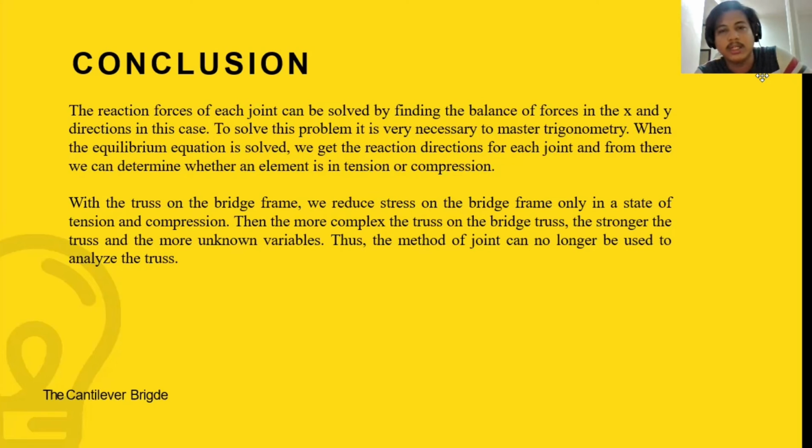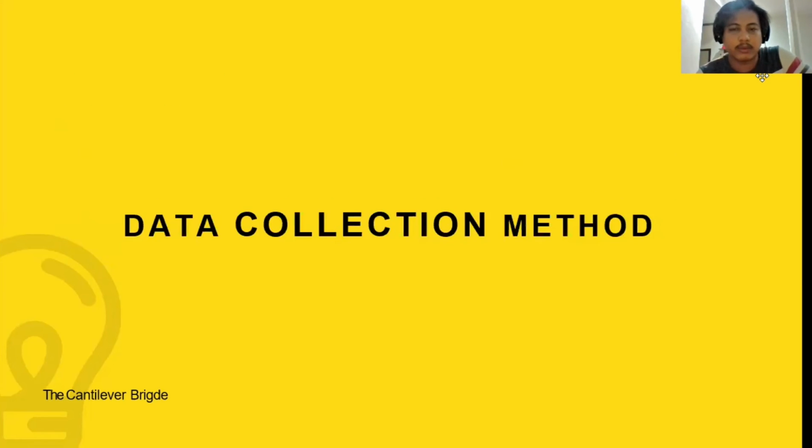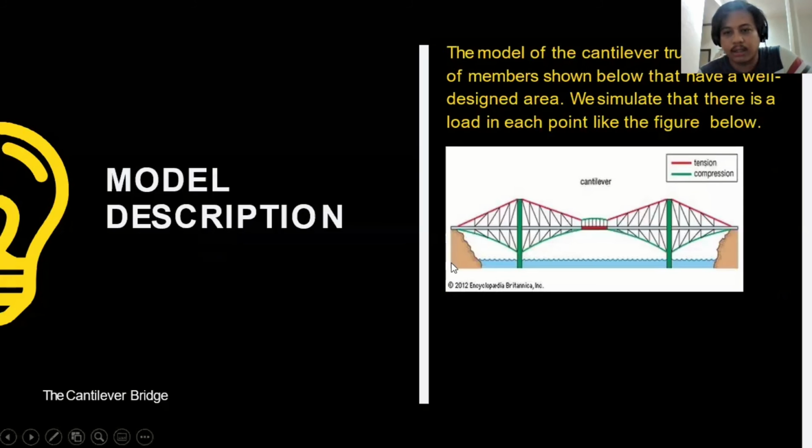To solve this problem, it is very necessary to master trigonometry. When the equilibrium equation is solved, we get the reaction direction for each joint, and from there we can determine whether an element is in tension or compression. Like this is tension and this is compression.